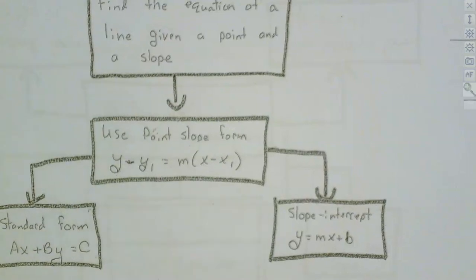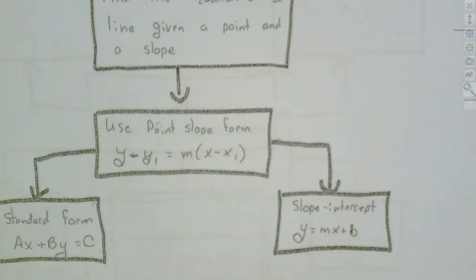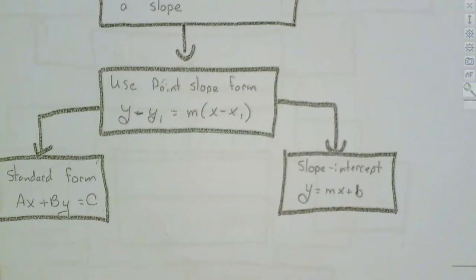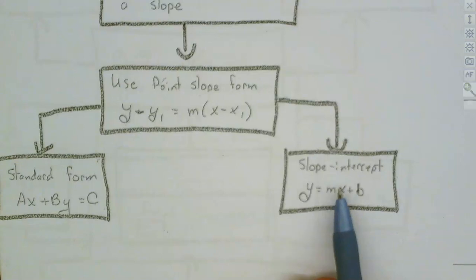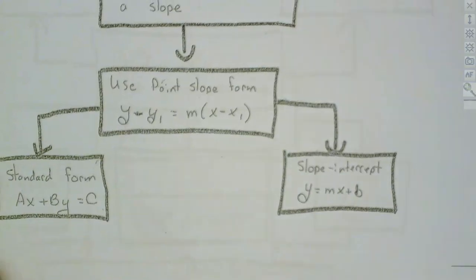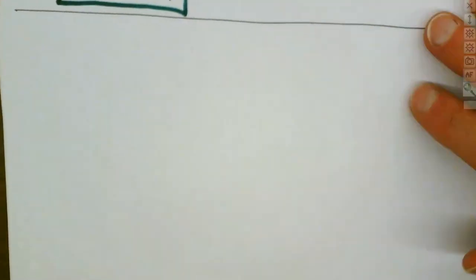Okay, so here's our point-slope form formula. And then we write our answer in either standard form or slope-intercept form. We'll do a couple of these. We'll do one in standard form, and then we'll do one in slope-intercept.